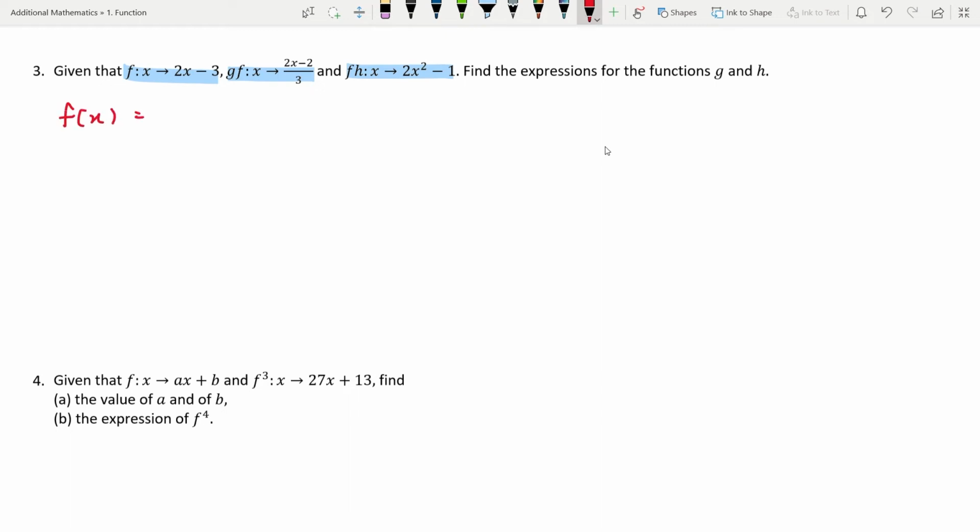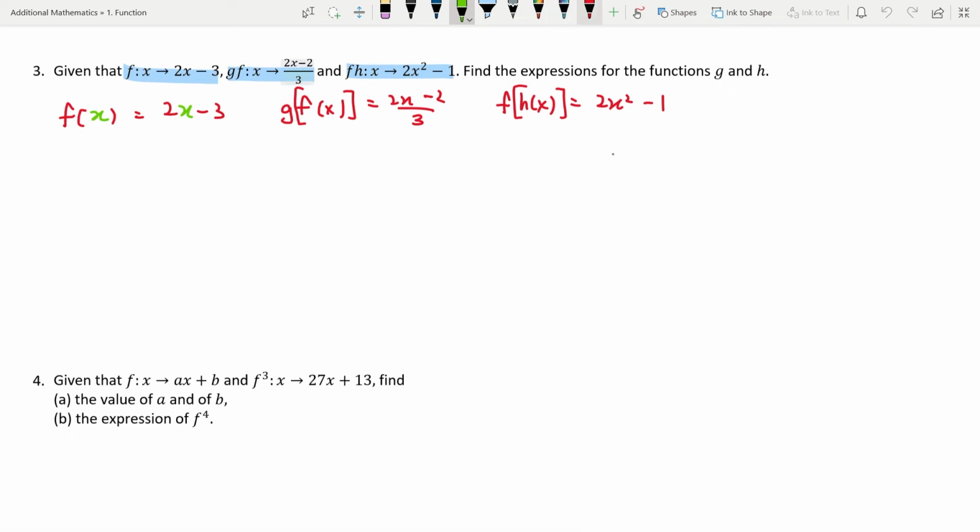f(x) is equal to 2x minus 3. gf(x) is (2x minus 2) over 3. And also fh(x) is 2x squared minus 1. We are asked to find the expression for functions g and h.